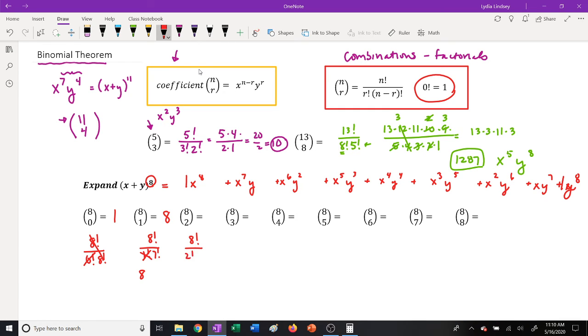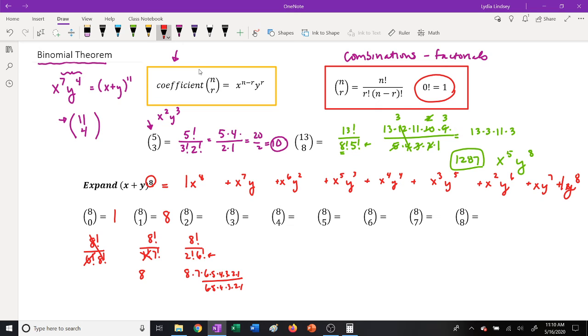We have 2 factorial, 6 factorial. Remember again, the bottoms are always going to add up to that top. So I'm going to do 8, 7, stop. Now, does it make sense when I say stop? I'll go ahead and explain. So you go 6, 5, 4, 3, 2, 1. But then on the bottom, I would have that same thing.